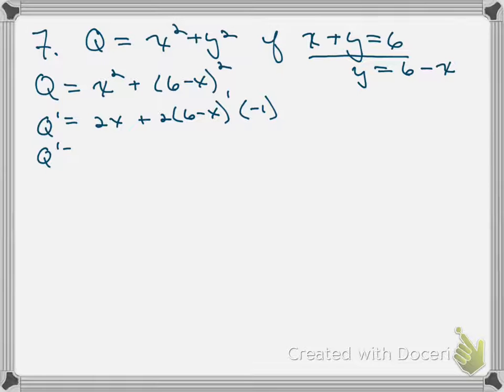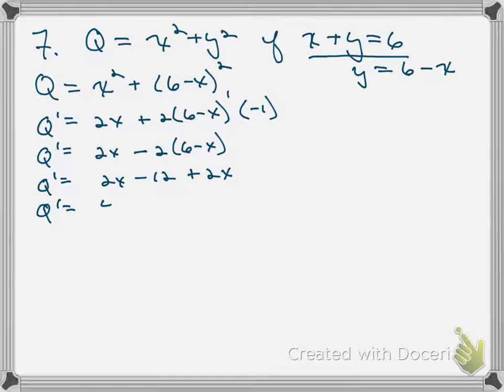So let's clean this up. I have 2x, and then I have minus 2 times (6 minus x). I'm going to still clean it up. 2x minus 12, careful here, plus 2x, and that's going to give me 4x minus 12.